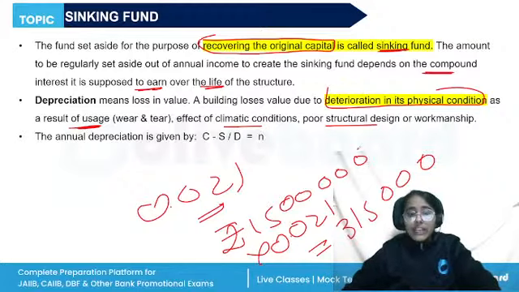We can also calculate the annual depreciation using the formula (C minus S) divided by N, where C is the original cost, S is the salvage value, the value that the property may fetch at the end of the useful life, and N is the life of the building in years. So we can calculate the depreciation as well.